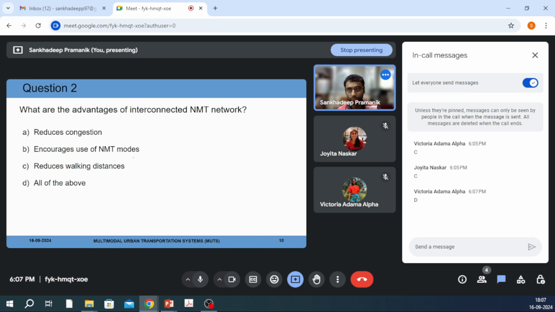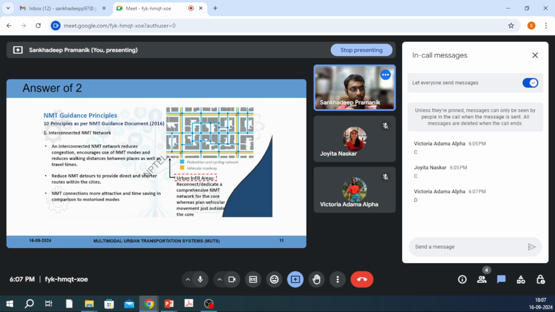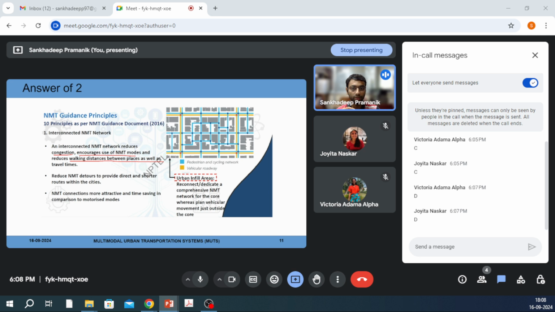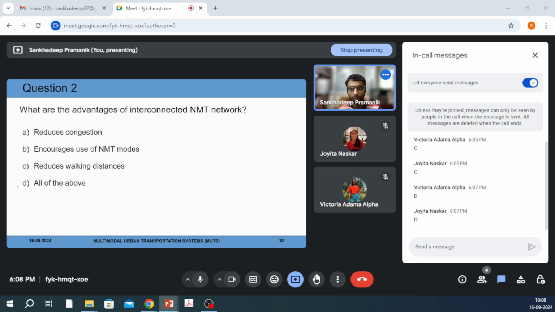An interconnected network is where there is a connection between different roadways. So an interconnected NMT network reduces congestion. It also encourages the use of NMT modes and reduces walking distance between places, as well as saving time. So all of the above answers are correct.